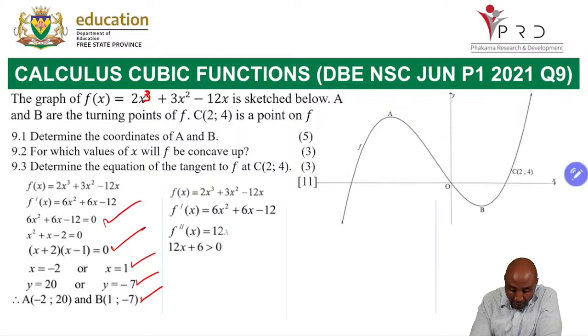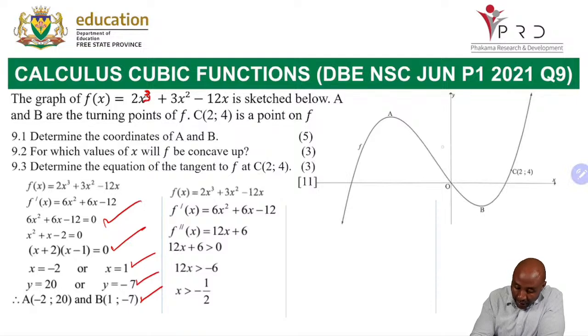First derivative, second derivative, we equate it to 0, or we say it's greater than 0. We are able to get our x as negative 1 over 2. So for any values that are greater than, remember, our x is negative half, will be somewhere there.